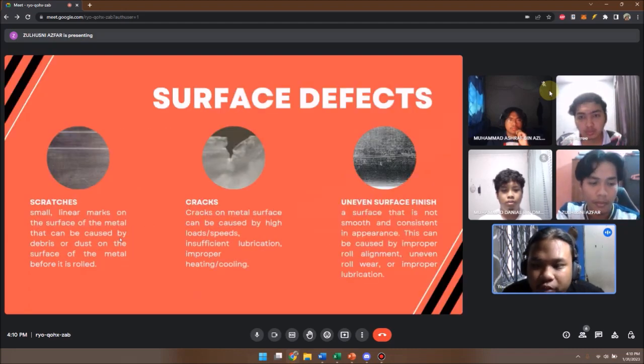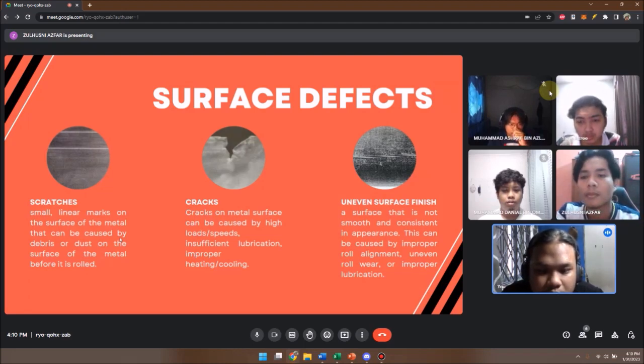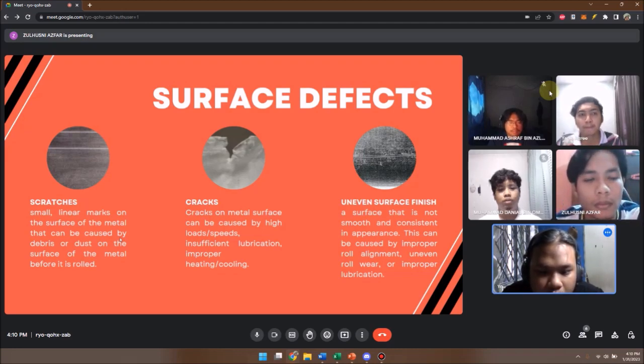So for the surface defect, we have scratches, which are small linear marks on the surface of the metal that can be caused by debris or dust on the surface before it's rolled, or a worn roller that is not properly lubricated. While cracks are small breaks or fissures on the surface of the metal that can be caused by high rolling loads, high rolling speed, or inefficient lubricant.